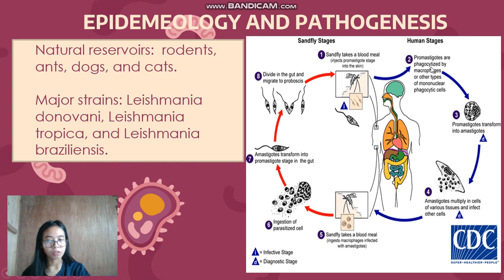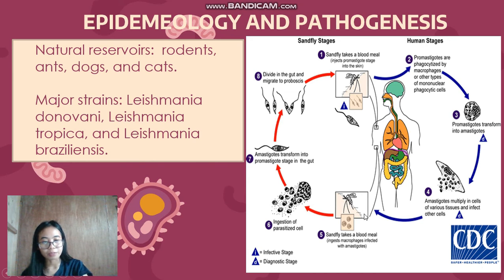Phagocytized means to engulf. So these promastigotes transform into amastigotes, which are round, and amastigotes multiply in infected cells and affect different tissues depending in part on the Leishmania species. So this originates the clinical manifestations of leishmaniasis.